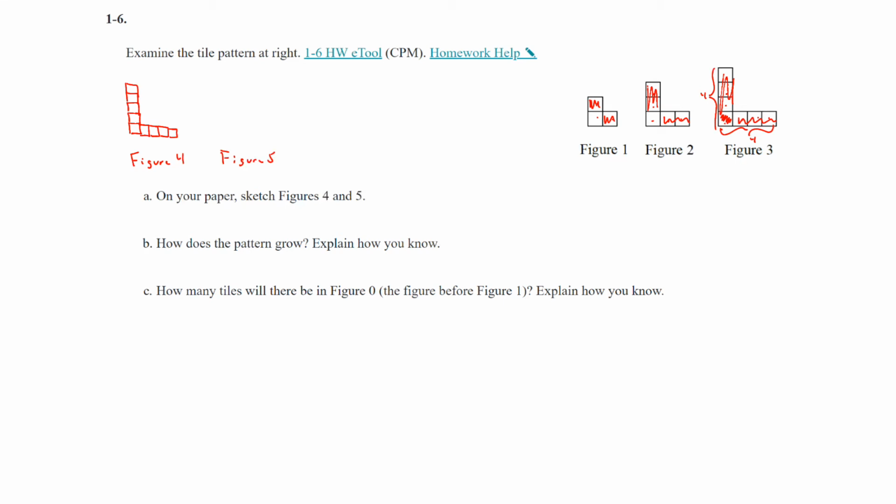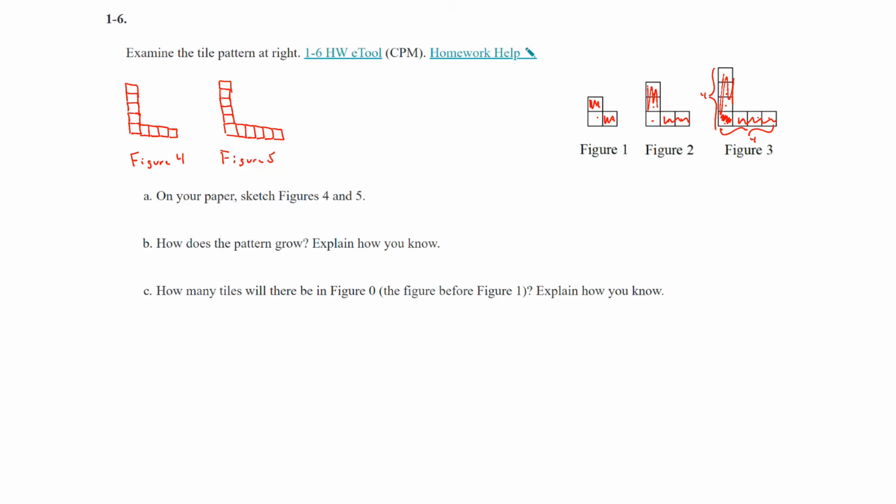Figure 5, same idea for me, corner piece, and then now I know there's going to be 1, 2, 3, 4, 5, and then another 5 here. So make sure you sketch those out. Using graph paper makes it a little bit easier.